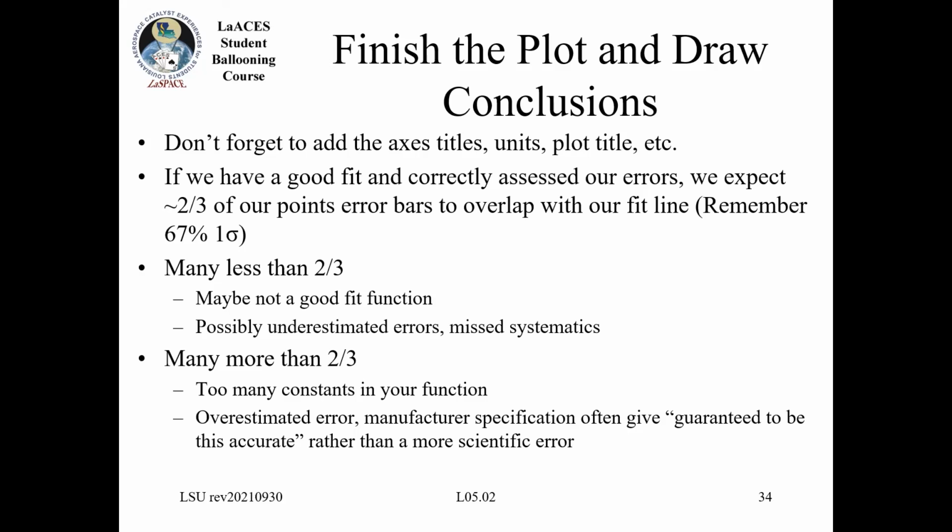They're saying this is the minimum accuracy we guarantee. So what that means is probably the actual error is a little bit smaller than that specified value, but you don't really have a good way of telling that, unfortunately. So that is it for the lecture.